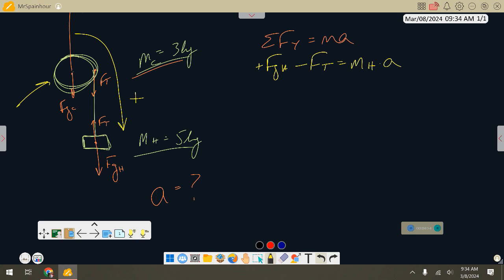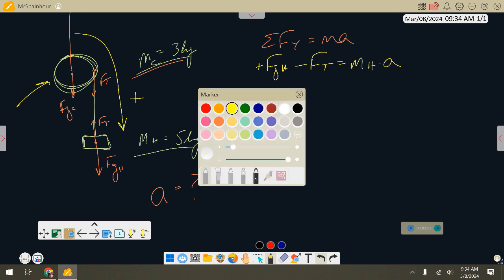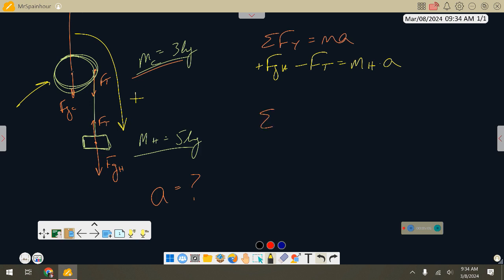Right up here. Now I'm not going to sum the forces on that because you already know how that's going to result. We know that's not going to accelerate at all. But as we do know it is going to be rotating, we are going to sum the torques on that guy up there, and that should equal its moment of inertia times angular acceleration.